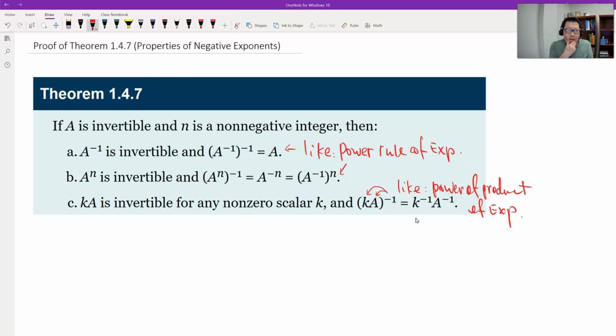These are very good properties for the negative exponent of a matrix, because all the properties stay the same as for the numbers we learned before.